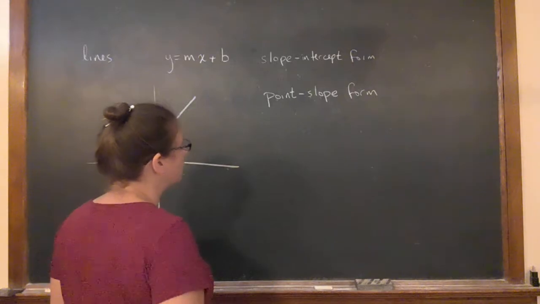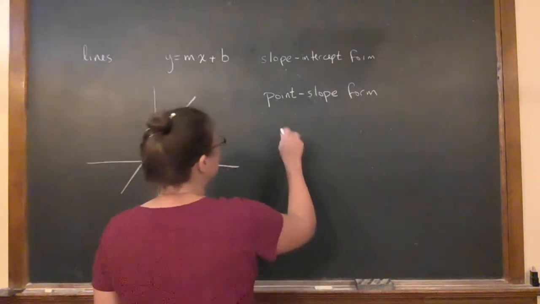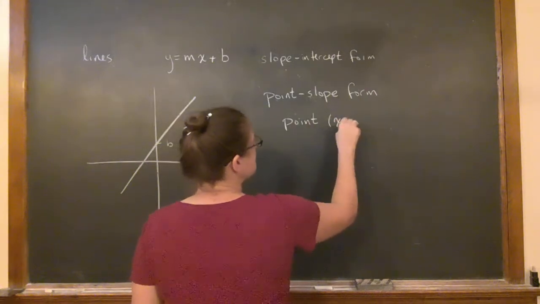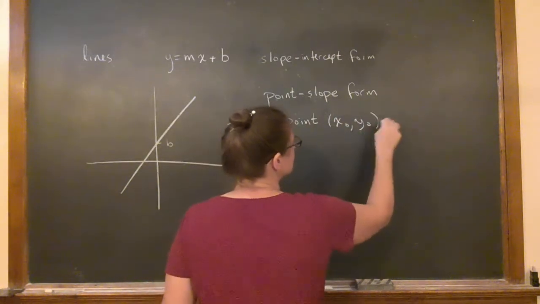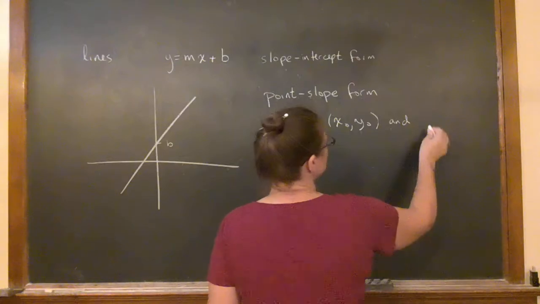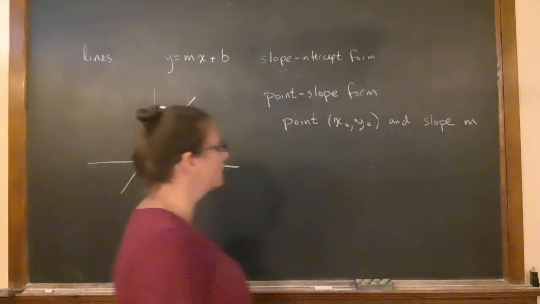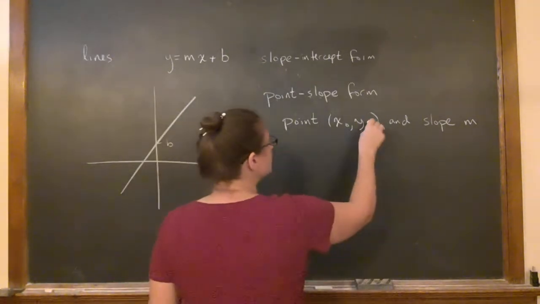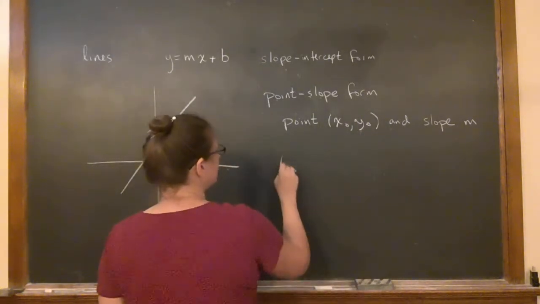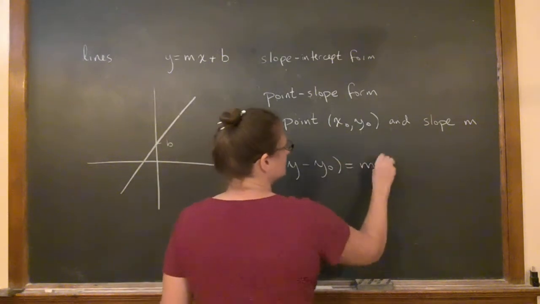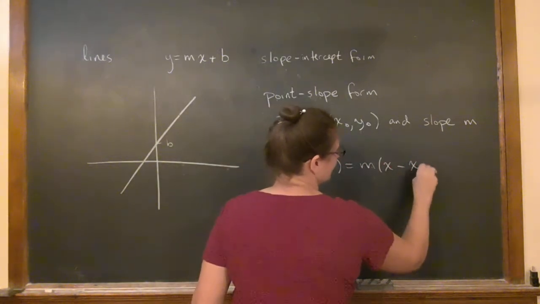But point-slope form of a line, if you know the point and you know the slope, so our slope is m and our point is x naught, y naught, we can write down the equation of the line y minus y naught equals m times x minus x naught.